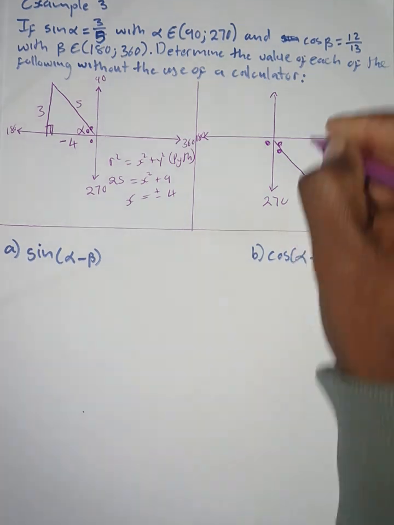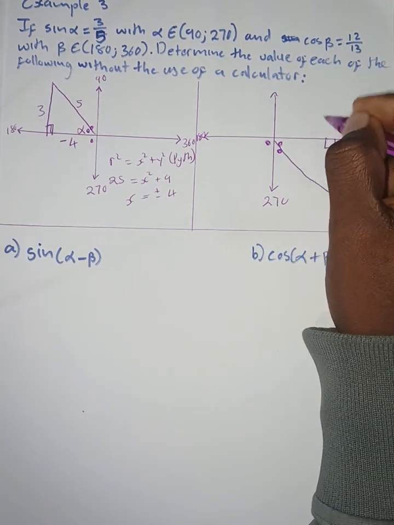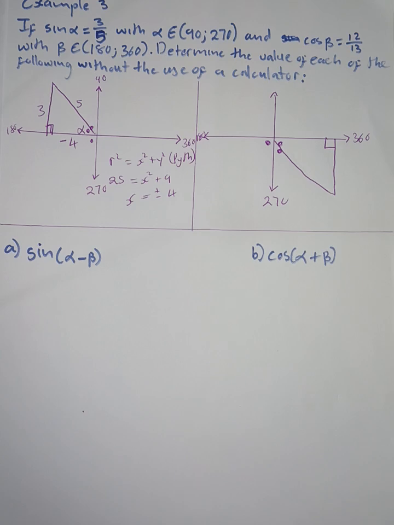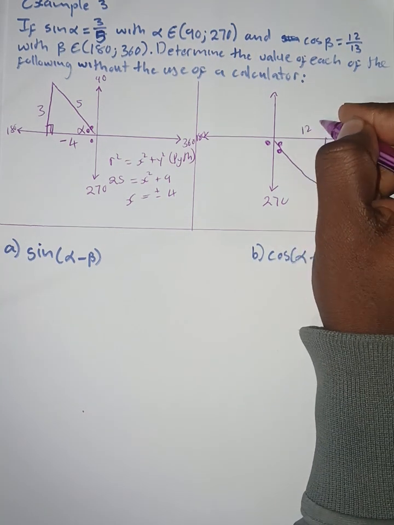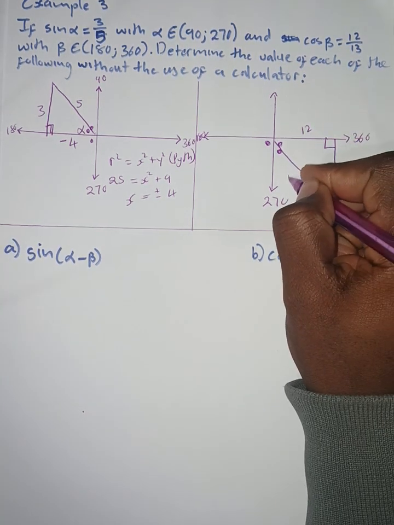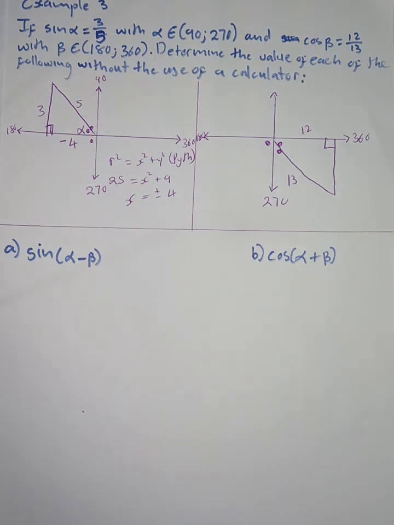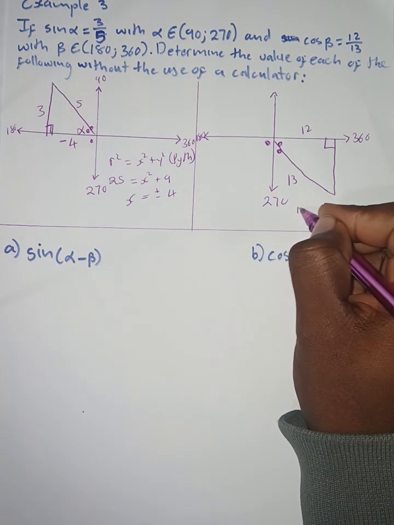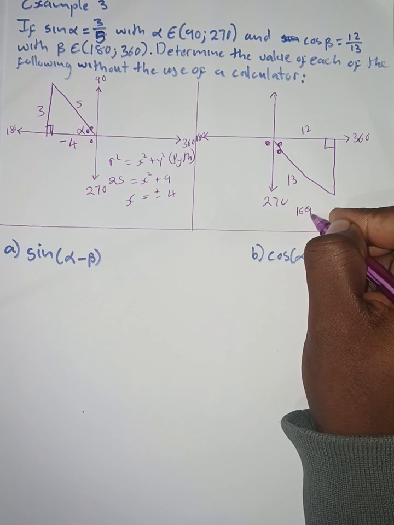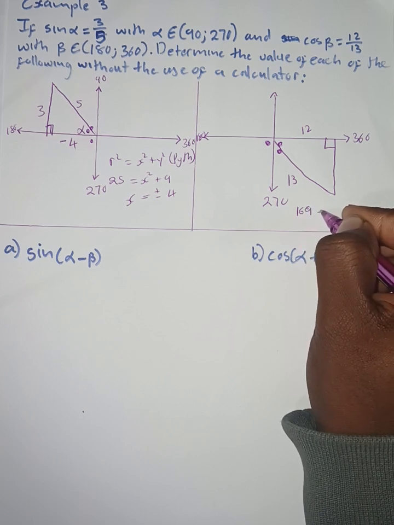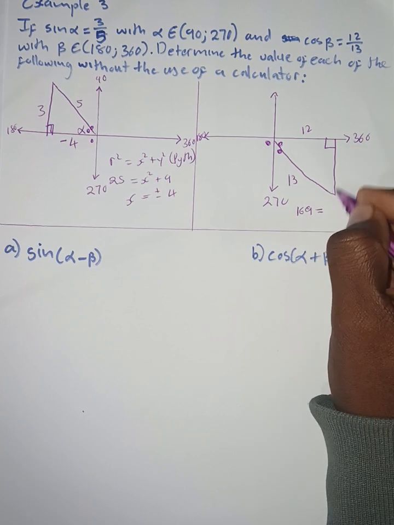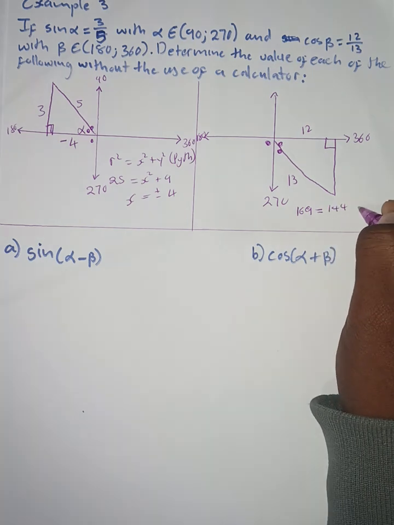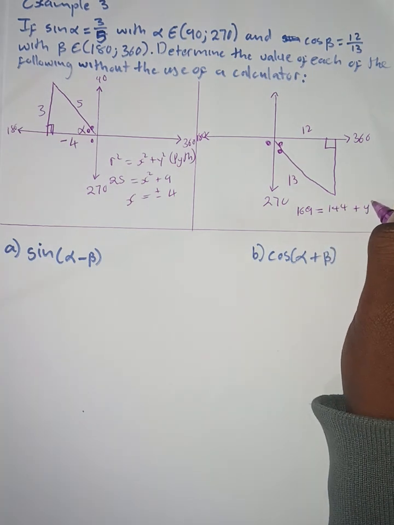our triangle. So we have that's 90 there. So we know that cos is the adjacent, which will be 12, and the hypotenuse in this case would be 13. And to calculate that, you still use the Pythagoras. Let's just do that. 13 squared is 169, and 12 squared is 144, plus y squared, that's what we are looking for.